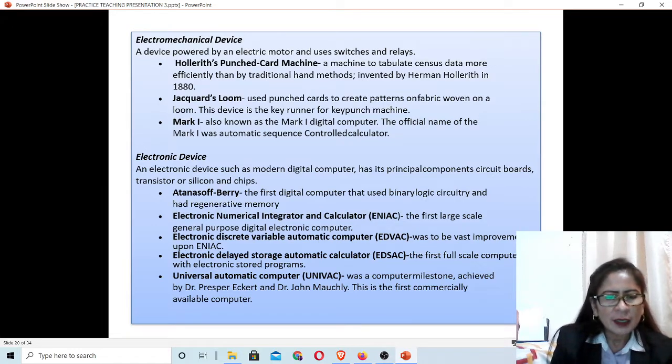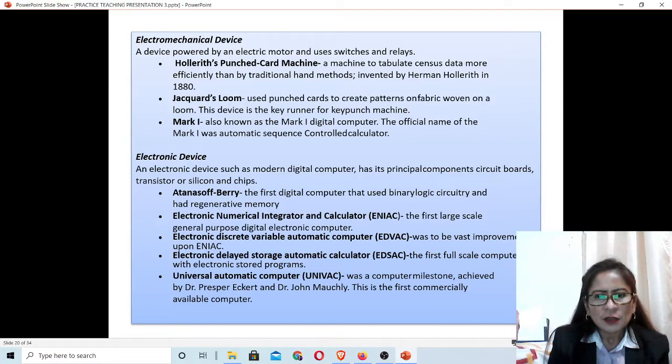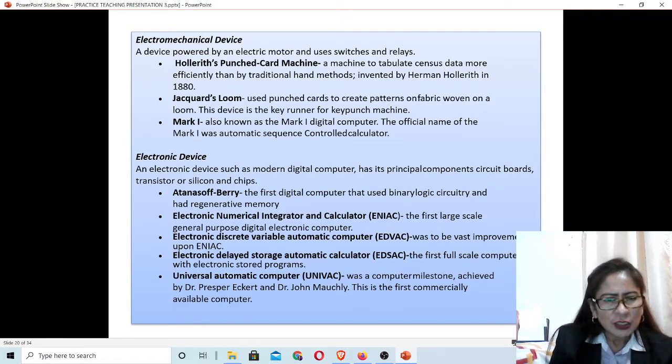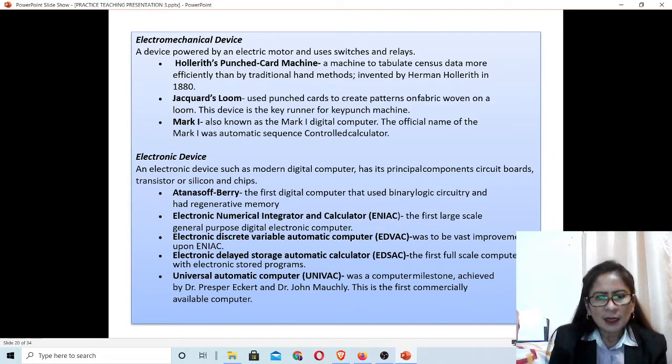Atanasoff-Berry, the first digital computer that used binary logic circuitry and had regenerative memory. ENIAC. ENIAC is the Electronic Numerical Integrator and Calculator, the first large-scale general-purpose digital electronic computer.